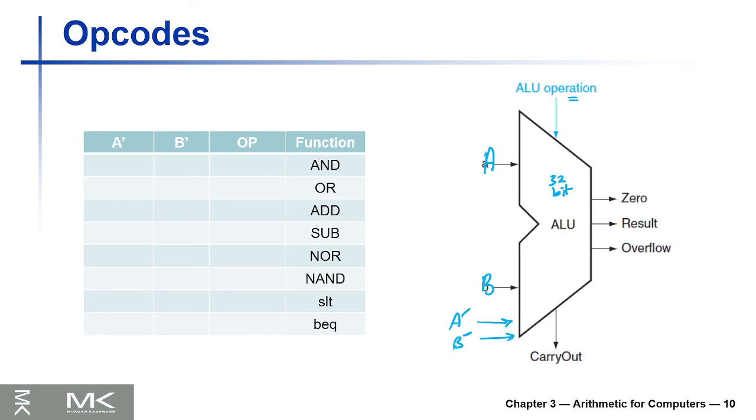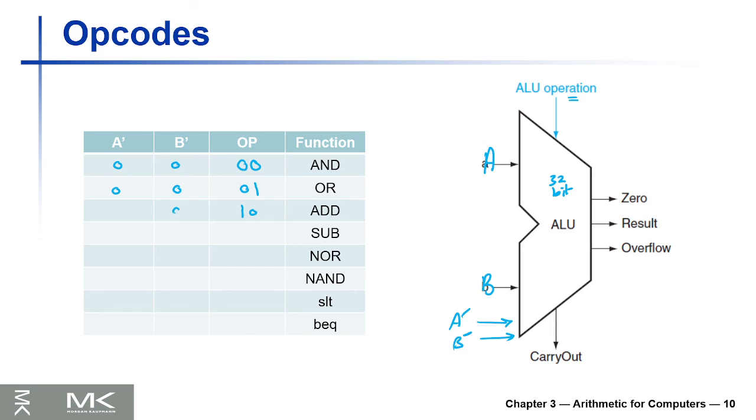So let's say the AND is 0, 0. When we do the AND gate, we don't need A invert or B invert. We don't need not A or not B. The OR should have a different opcode like 0, 1, and we don't need not A, we don't need not B. The ADD operation should have a different opcode like 1, 0.